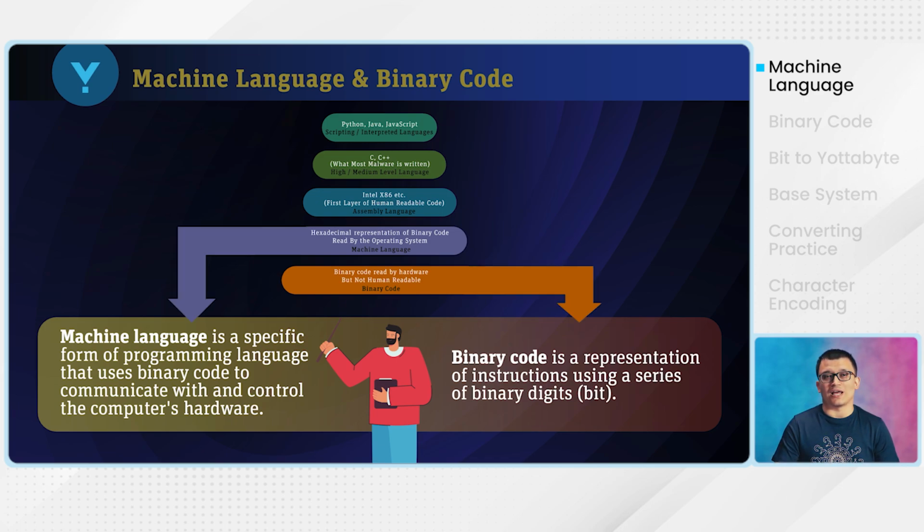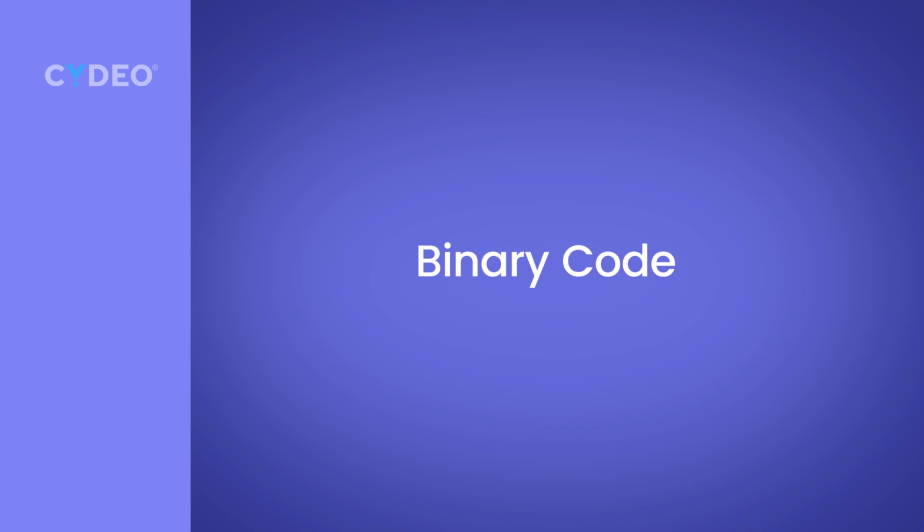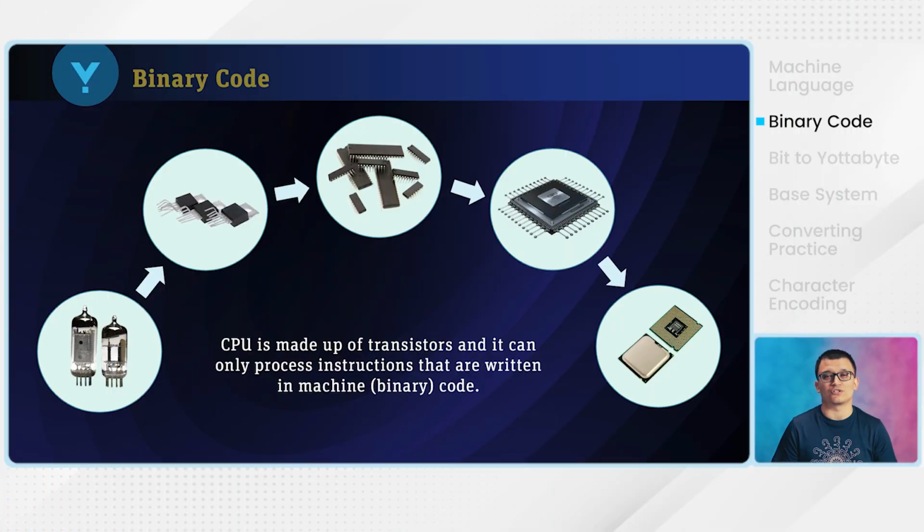In order to understand this binary code, you need to have some understanding of the CPU first, which is the brain of the computer. The CPU is made up of transistors, and it can only process instructions that are written in binary code.